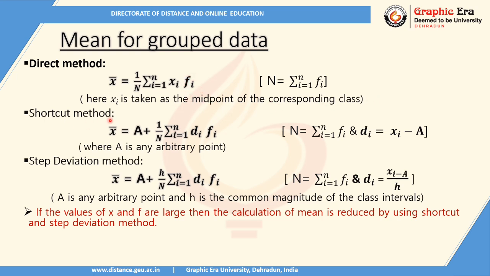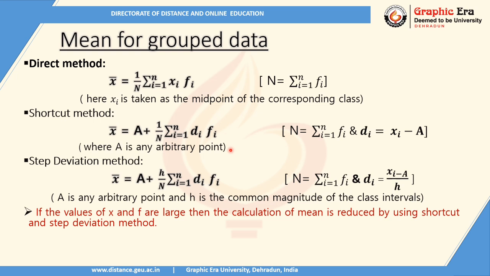In the shortcut method, we convert this formula as x bar is equal to a plus 1 upon n sigma i equals 1 to n di fi, where a is any arbitrary point, or we can say this is an assumed mean.